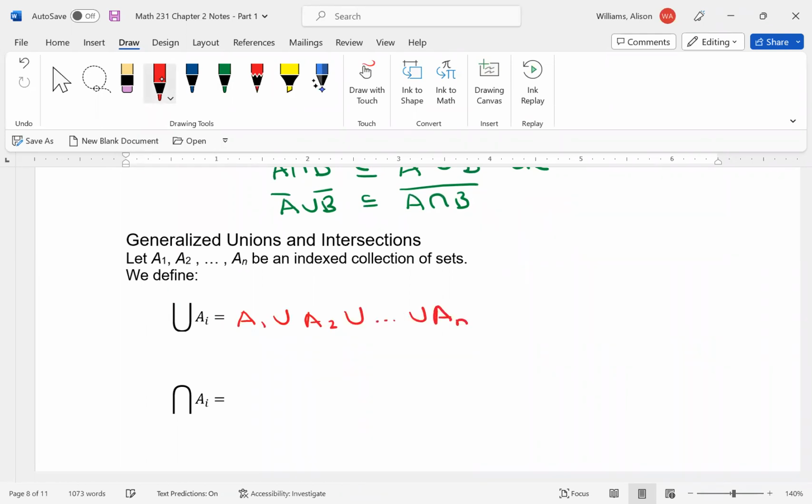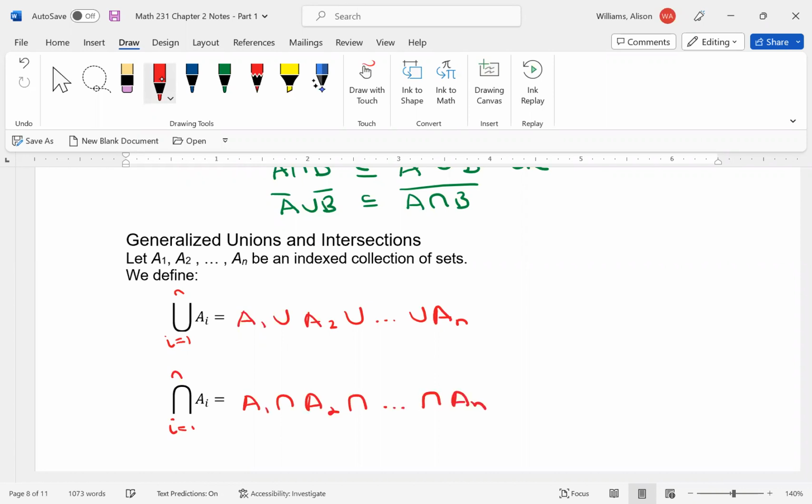Now, technically, because I didn't indicate a stopping point, I could keep going forever for however many sets there are. But since there is a stopping point, it's wise to indicate that by saying i goes from 1 to n. So I'm going to do that down here. i is going to go from 1 to n. And therefore, I would be doing an intersection between all of these sets until I get down to A sub n.